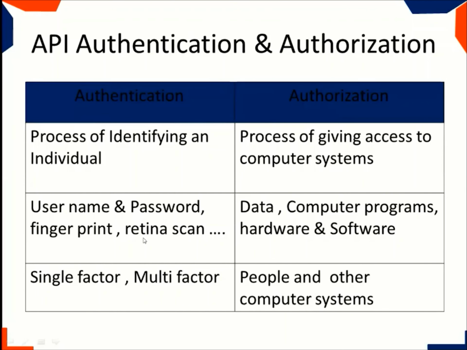When you plug in your username and password, or use the fingerprint or the retina scan, it authenticates who you are. This authentication factor can be single, like logging in only with your password, or it can be multi-factor. You will have to put in your password, and then an OTP will be sent to you, or you will have to do a fingerprint to authenticate that you are the right person to use this API. That is the first level.